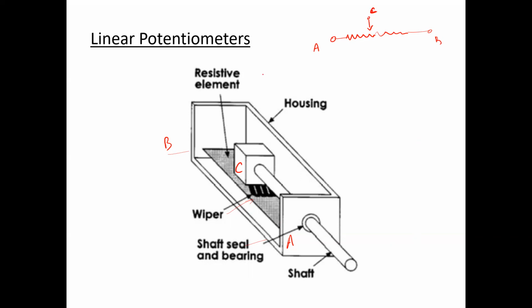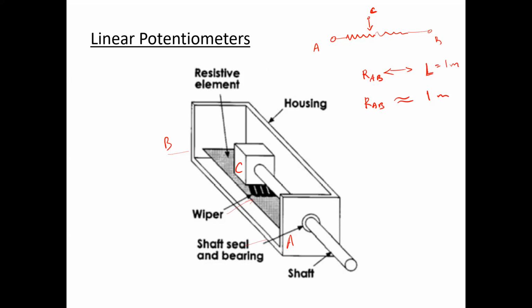Now, suppose the whole resistance between terminal A and B is RAB, and using this total resistance RAB, a maximum displacement of L could be measured. Suppose L is equal to 1 meter. So up to 1 meter displacement you want to measure using this linear potentiometer, so we can say that the value of the resistance RAB corresponds to 1 meter.